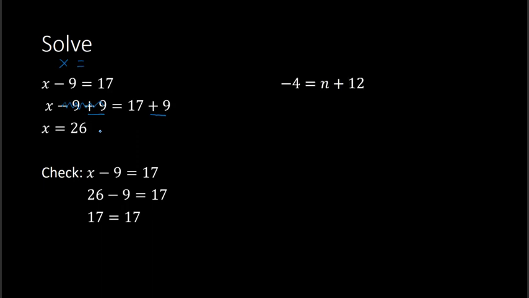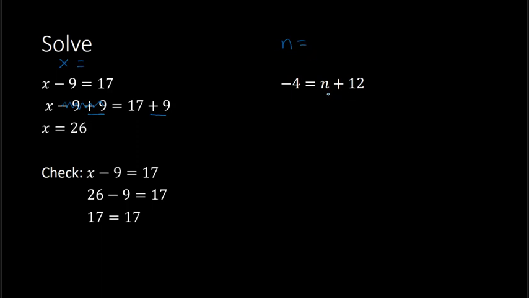Here is another example. Negative 4 equals n plus 12. I need to solve and determine what n is equal to. So I need to get rid of the plus 12 so that my final answer will be n equals something. So there should be nothing here on the left side, or whatever side the n is on.